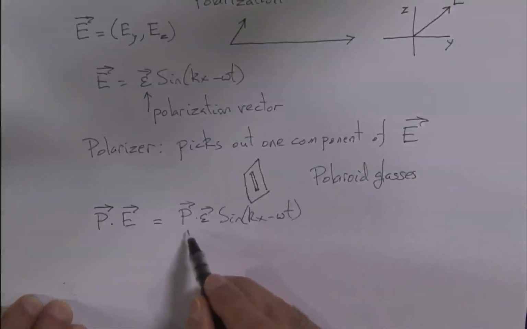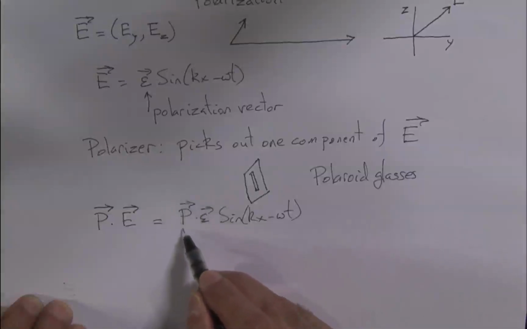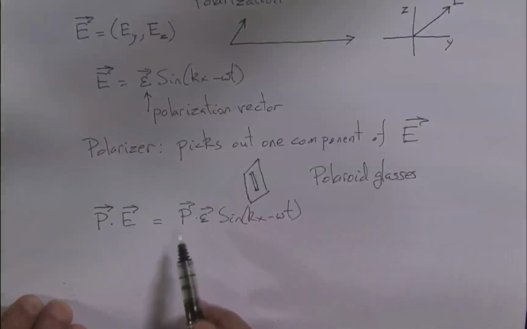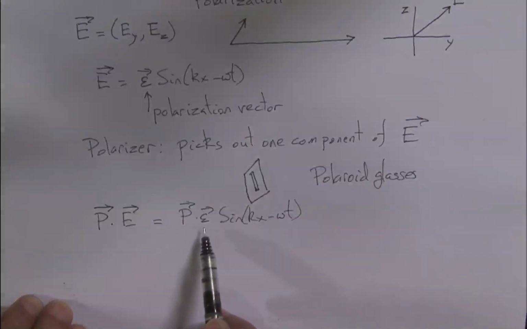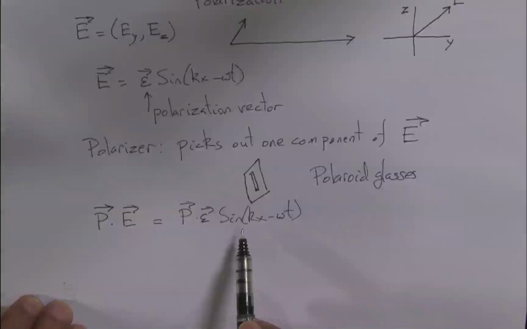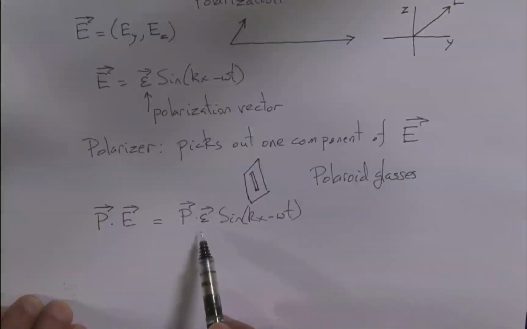In other words, the amplitude of the electric field that comes out is determined by P dot epsilon. So if I make the polarizer perpendicular to the polarization vector epsilon, then no amplitude will come out. So there'll be no electric field coming out. But if it is along the direction of the electric field, then all of it will come out.